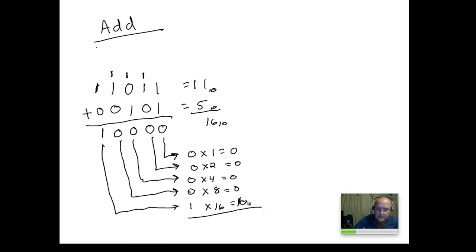Oops, not 0, 16. See, mathematical problems. You add them all up, you will get 16. So that's a good way of showing that we can still carry numbers over like we normally do.